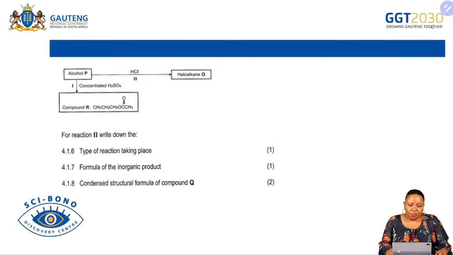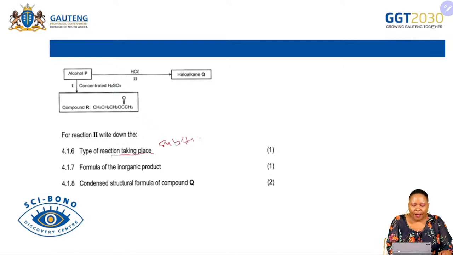Then this one says we still have this alcohol. It says for reaction 2, write down the type of reaction that takes place. We agree that it is substitution. And then the inorganic product.